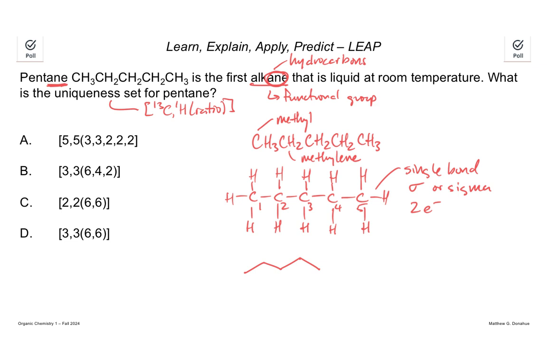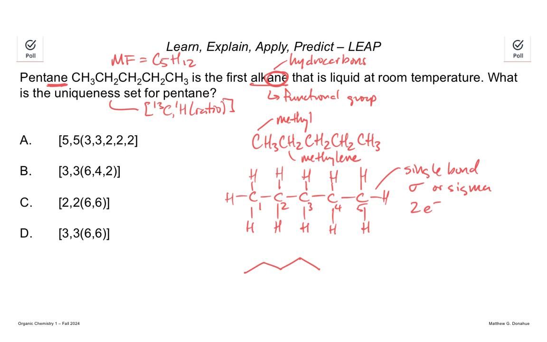And then we have what? 5, 6, 7, 12 hydrogens. So the molecular formula is C5H12.